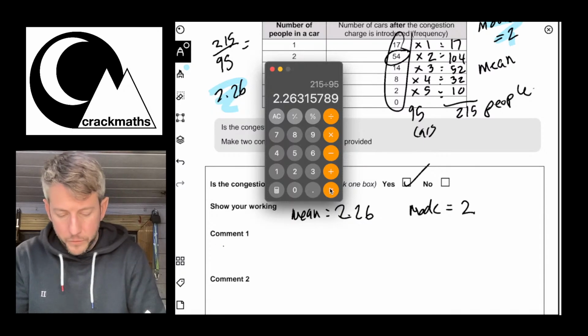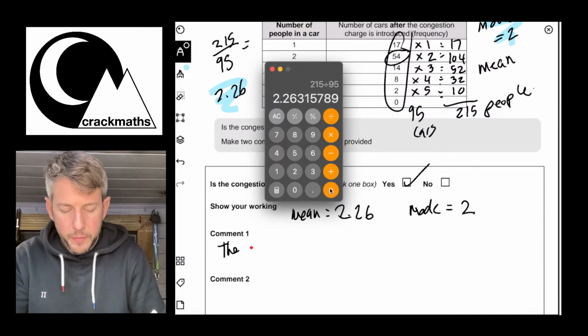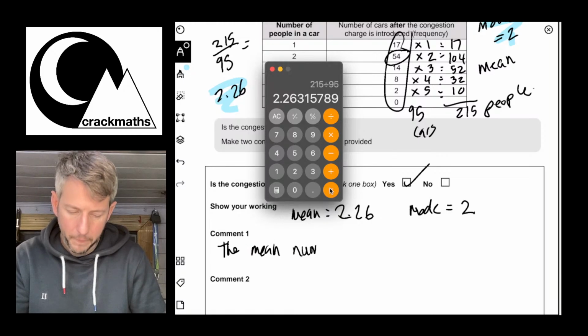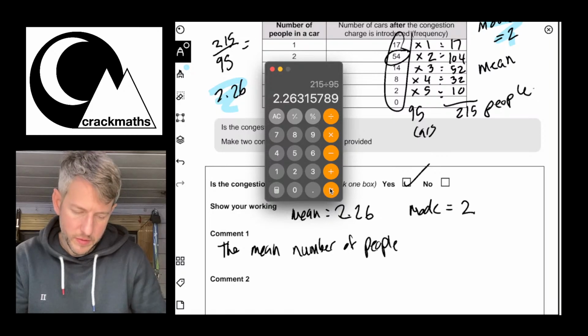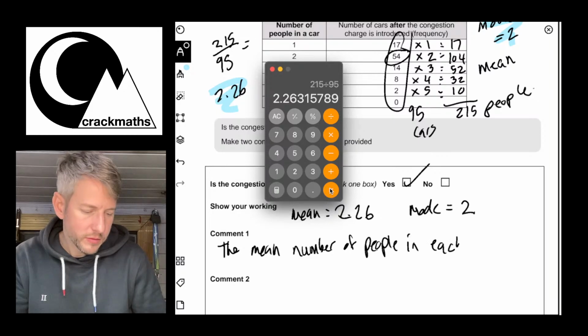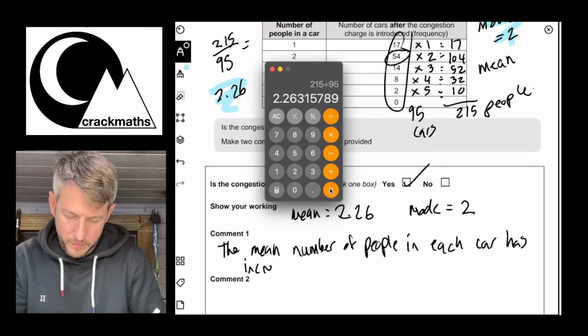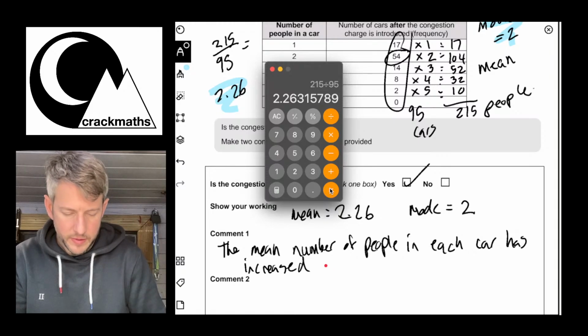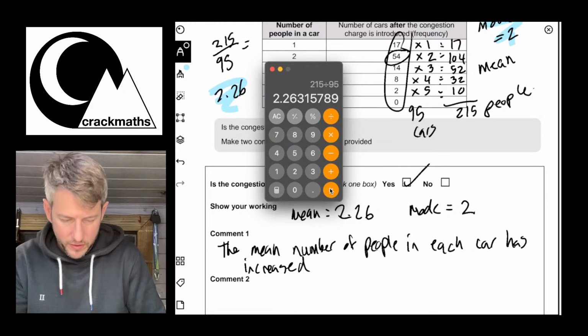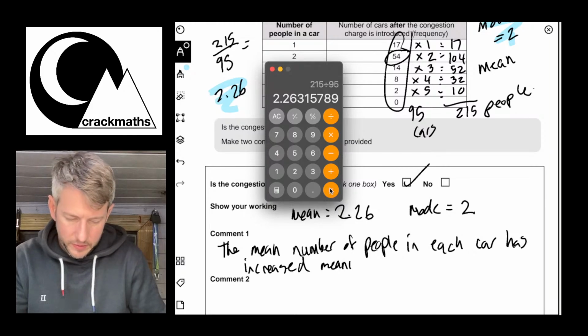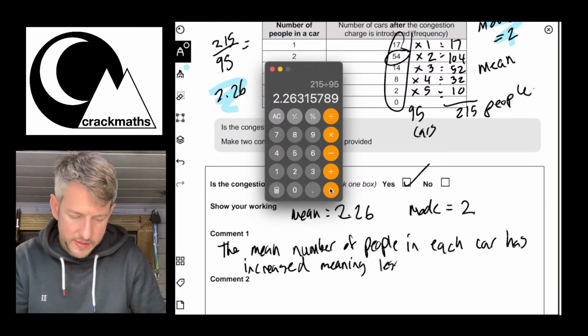Comment 1. The mean number of people per car has increased. Meaning less solo drivers.